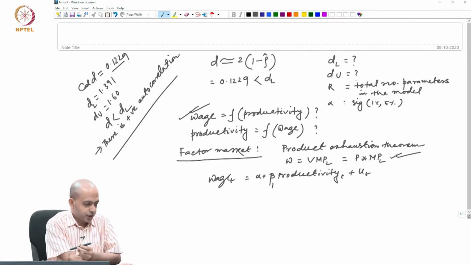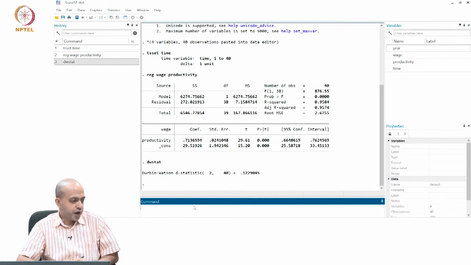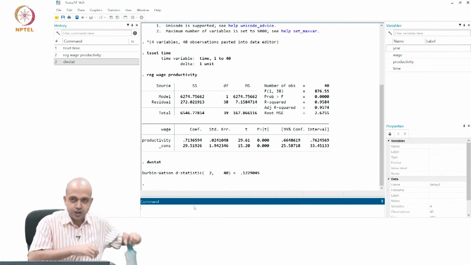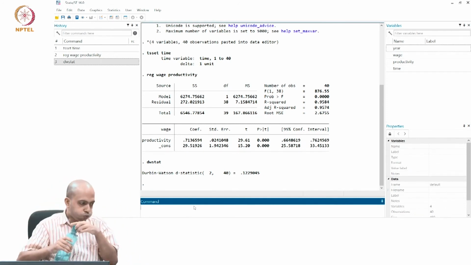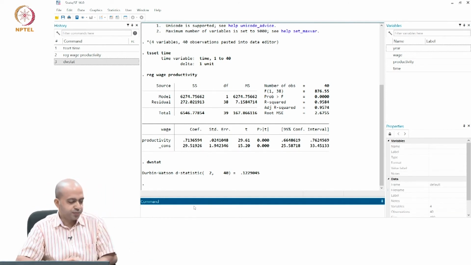So, even though your result shows that around 95% of the total variation in wage can be explained by productivity, this coefficient 0.7136 is of less use, because the data is suffering from the autocorrelation problem, as shown by the Durbin-Watson test statistic.